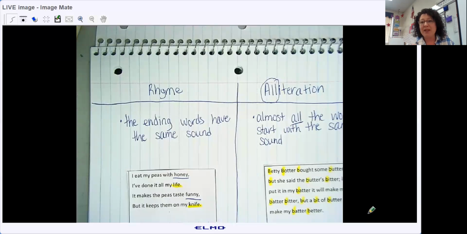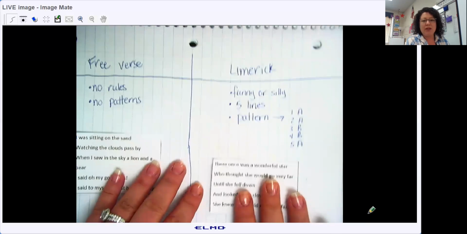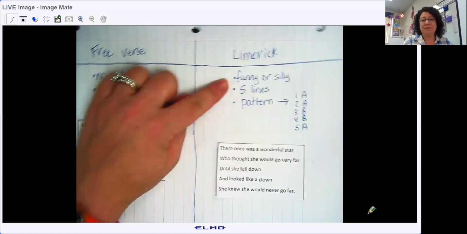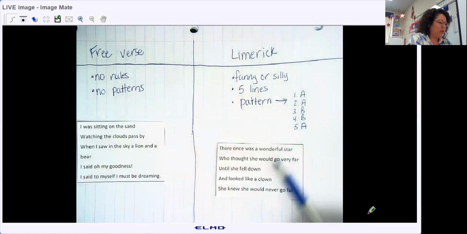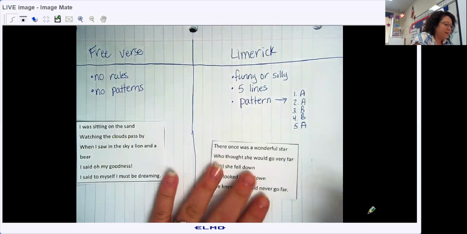It's probably limerick, but before you just glue it in, we always double check to make sure. Okay. Once there was a wonderful star who thought she would go very far until she fell down and looked like a clown and she knew she would never go far. Poor little star. Let's see. 5 lines. 1, 2, 3, 4, 5. And does it follow our pattern? A-A-B-B-A. Let's see.